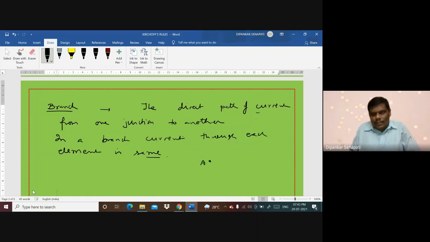If A is a junction and we are reaching B, and there is another branch, and C, between A, B, this branch, B, C, D, A, this branch, then you must remember that current through this resistance R1, R2, and R3 will be same.